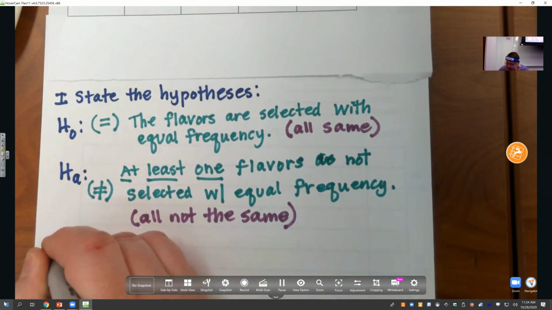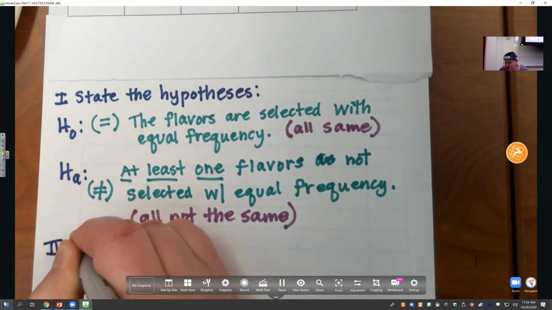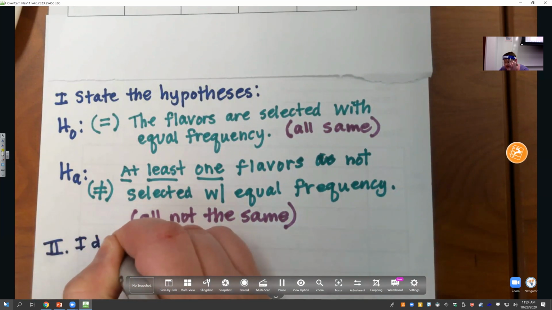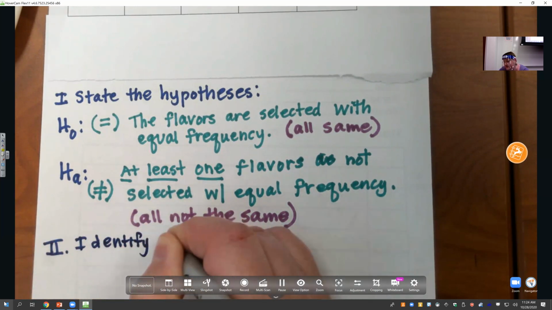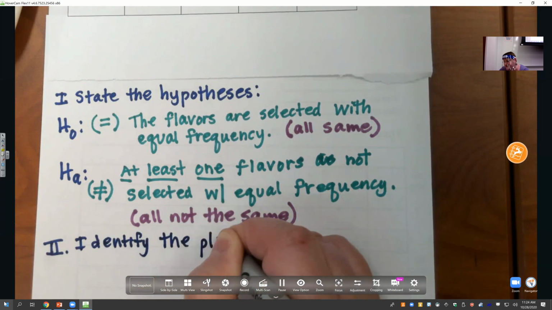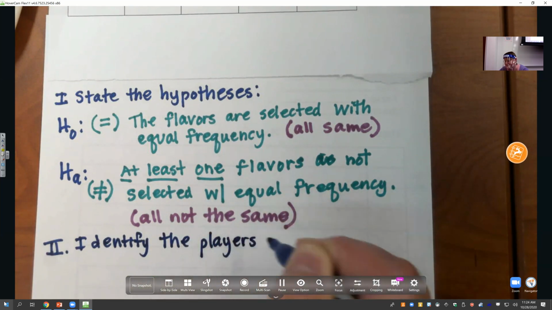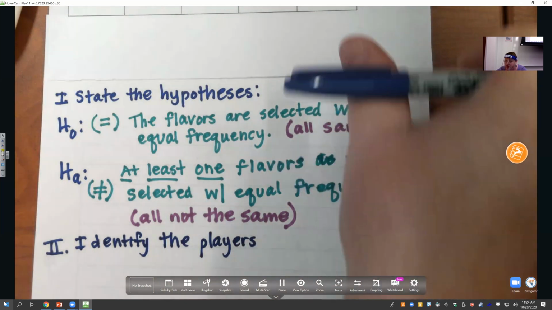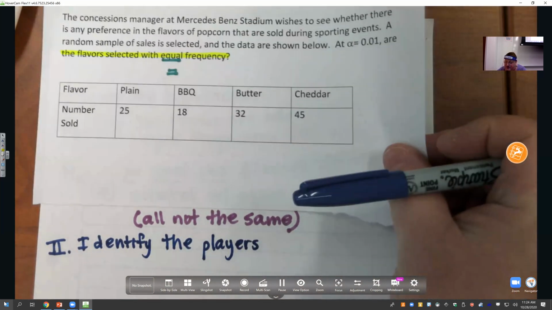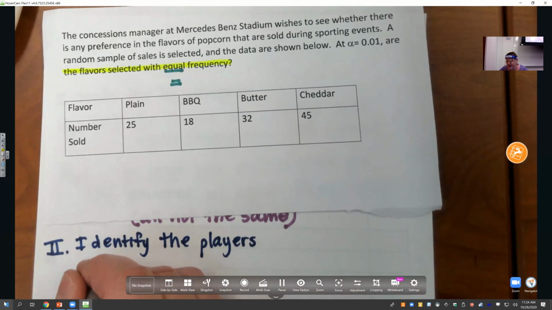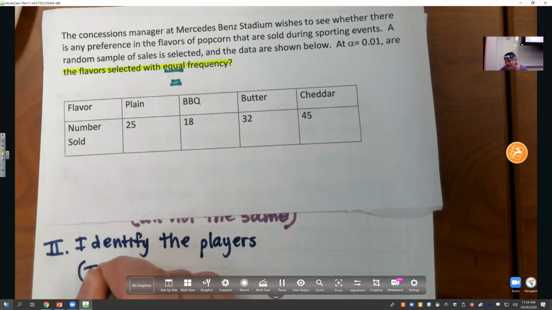The second step, remember, is we usually identify the players. Well, you've really already been given the players, because the players are the table that's given.